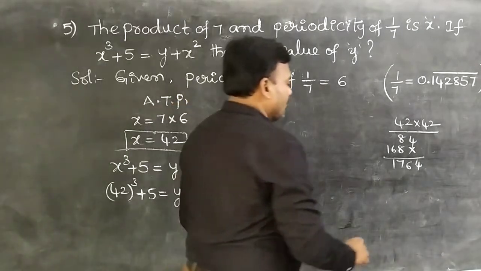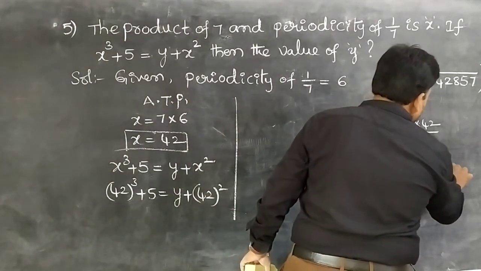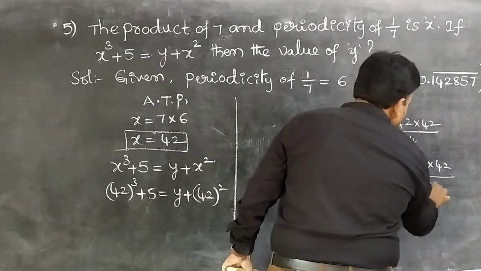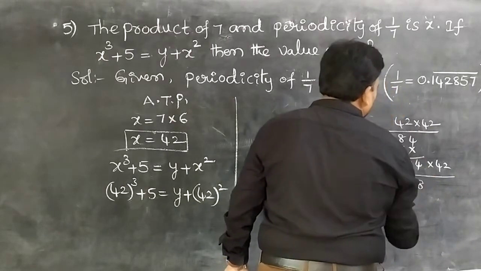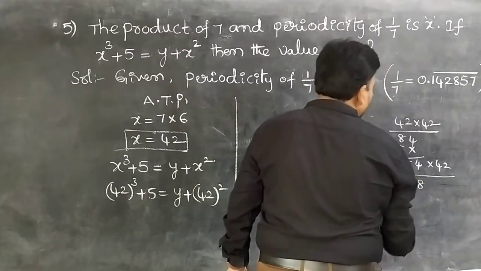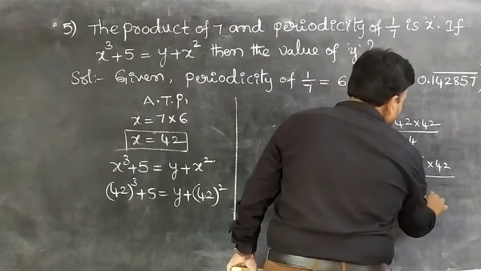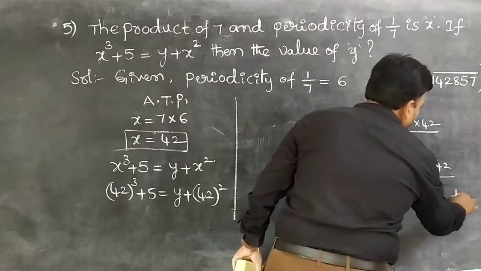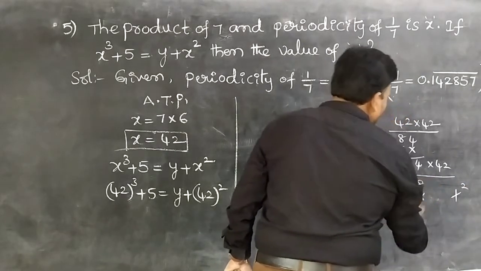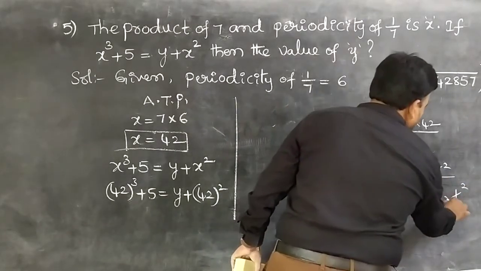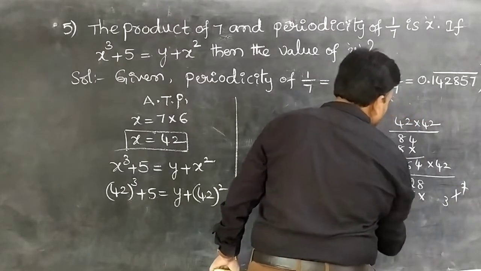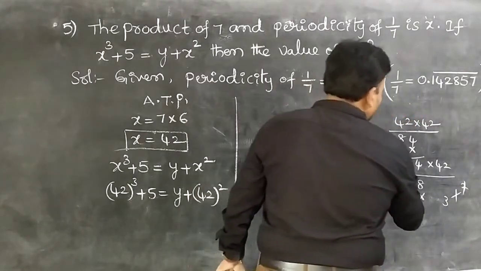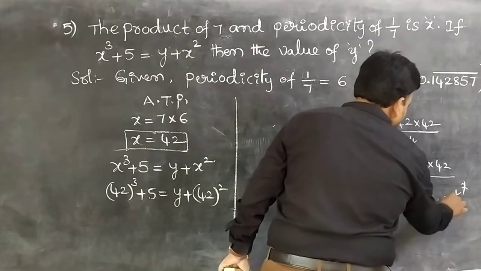Next, 42 whole cube is 1764 into 42. 2 4s are 8, 2 6s are 12, 2 7s are 14, 15, 1 is 3. Next one. 4 4s are 16, 4 6s are 24, 25. Next 4 7s are 28 and 1 is 3. 4 1 is 4 plus 3 is 7.